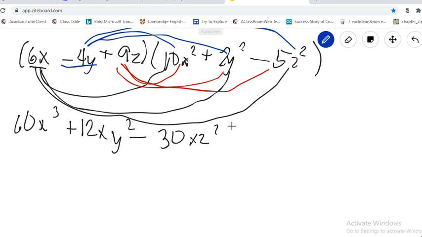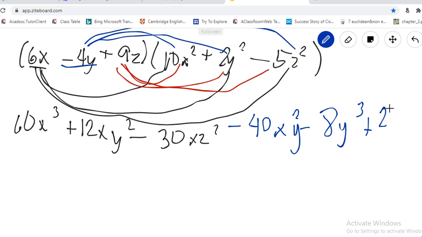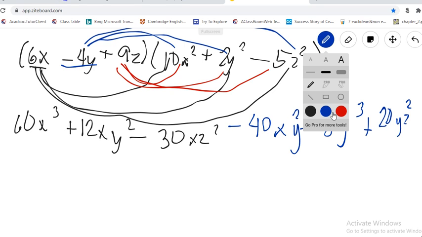Be careful. So this is negative 40x squared y, minus 8y cubed. Sorry, this one has a y in here. Negative 8y cubed plus 20yz squared. That is already done.